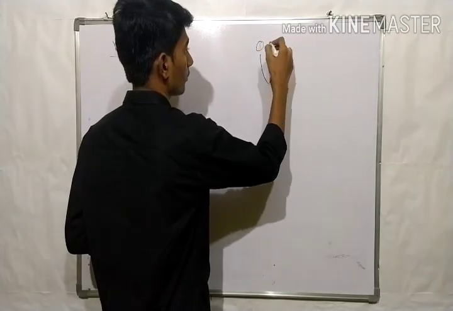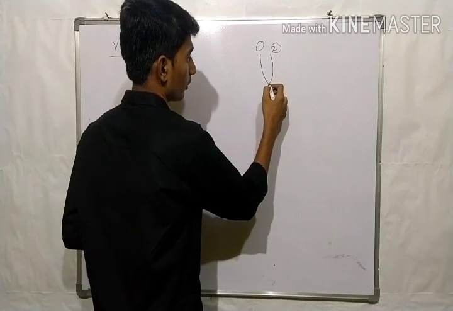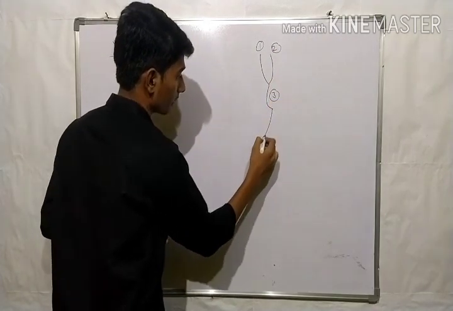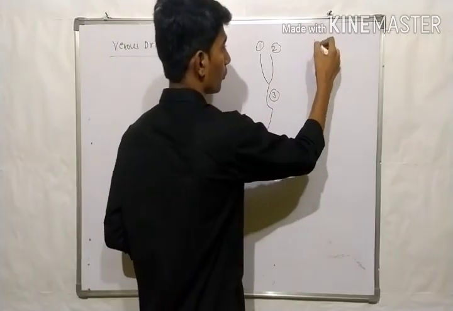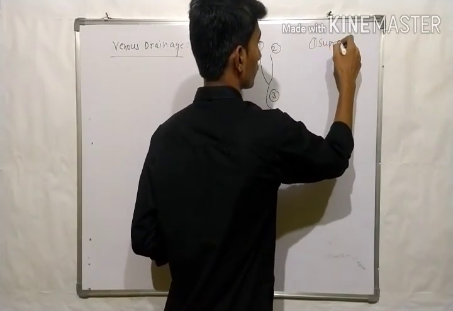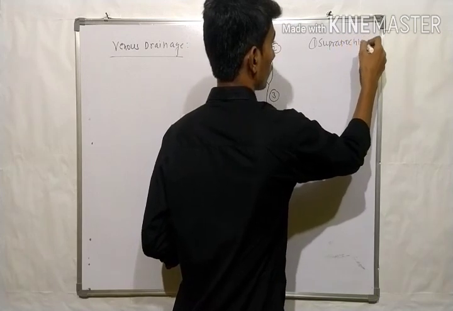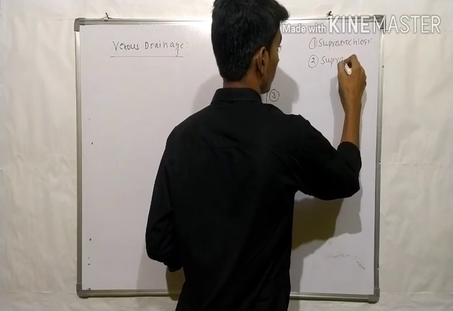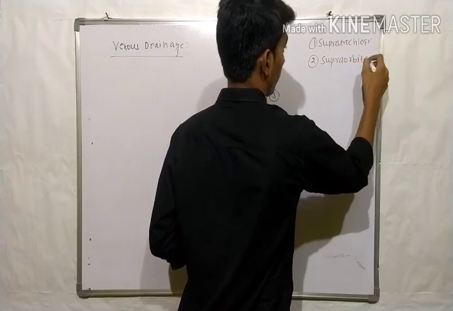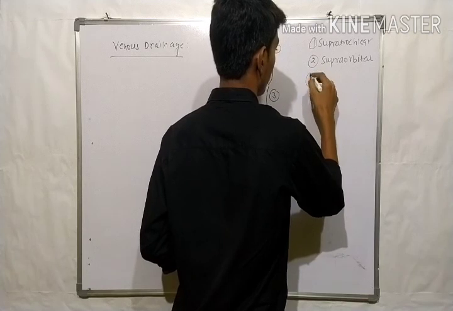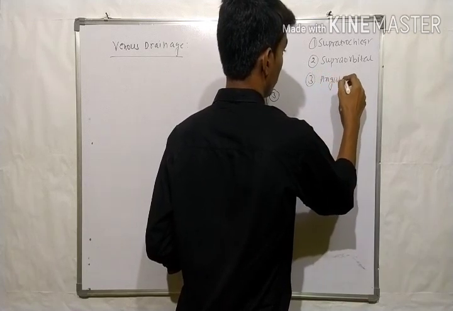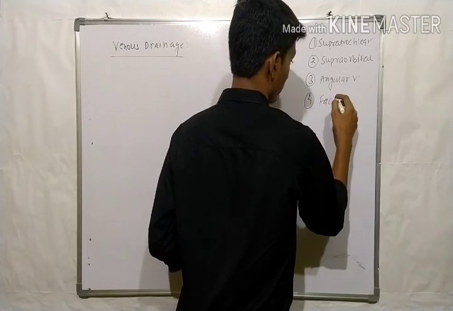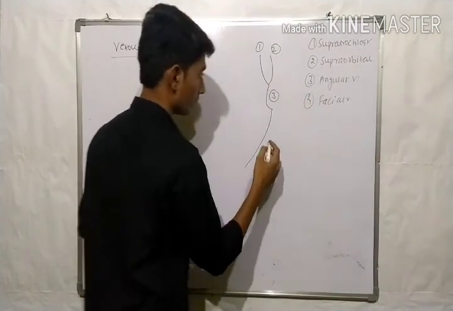First and second, they join to form the angular vein, that is third, and the angular vein continues as the facial vein.